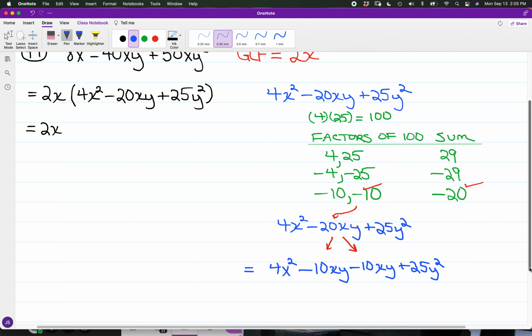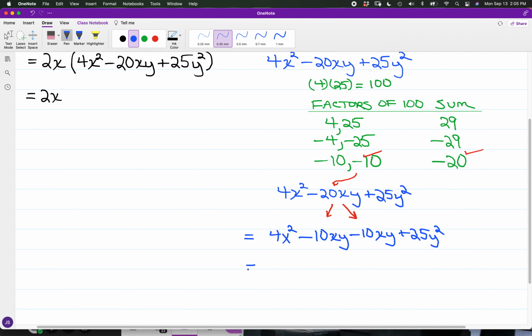Looking at grouping, I put the first two terms in parentheses: 4x squared minus 10xy.